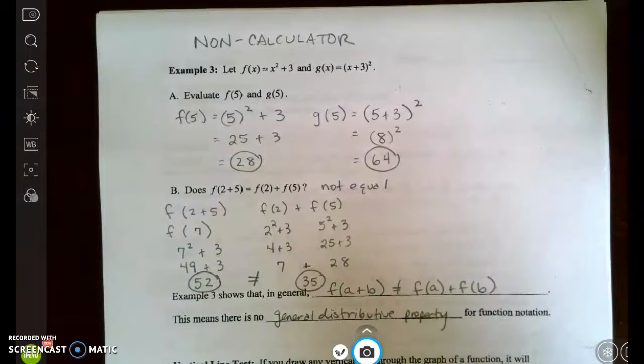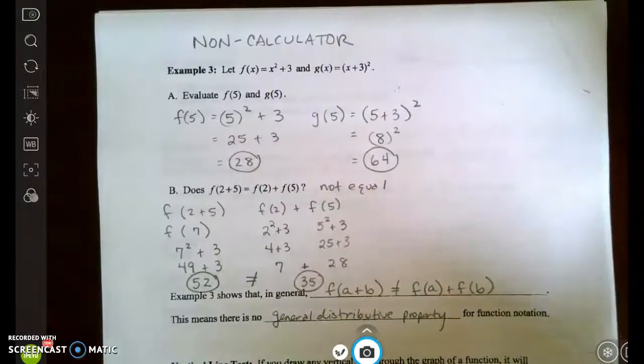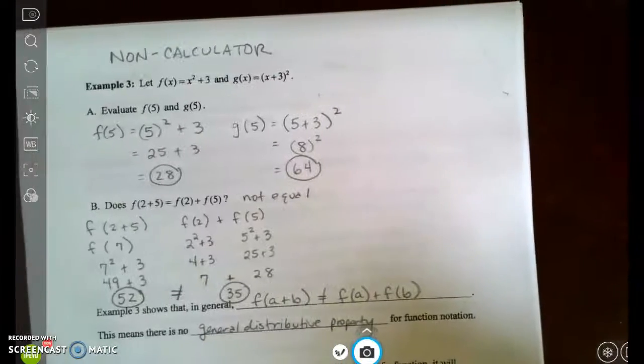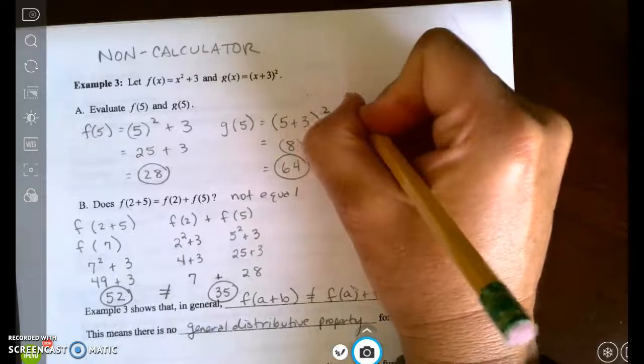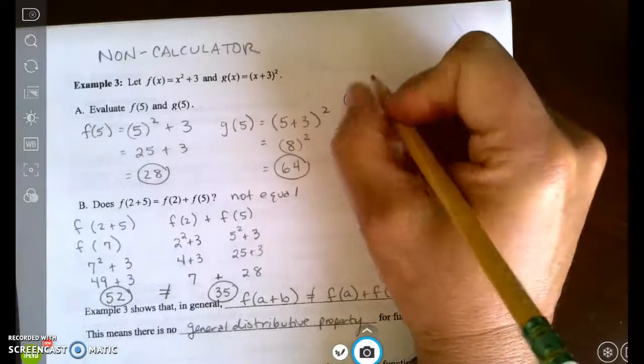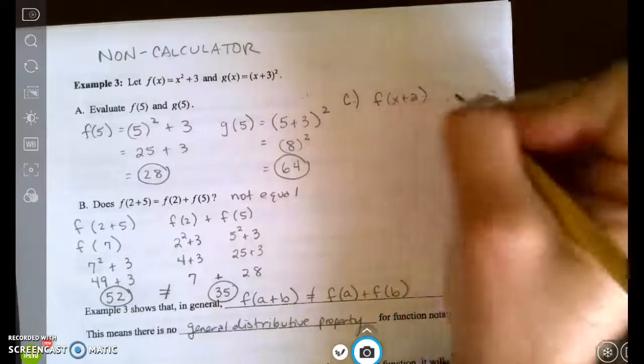For function notation. I wanted to add a part C here for us because this is one of the things that is on your quizzes and tests in this unit. So let's add a part C. Let's find what the value of f at x plus 2 is.